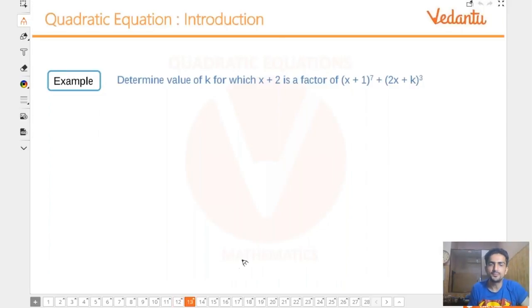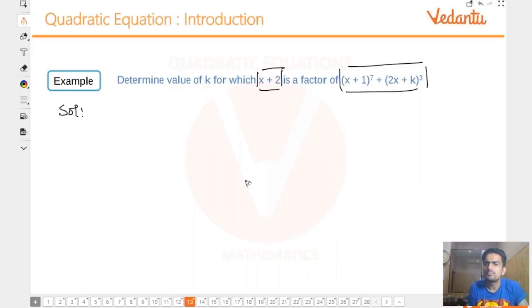First one, easy. You will not do this question, you will do the next question. Determine k for which this is a factor of this. Easy. Factor theorem.